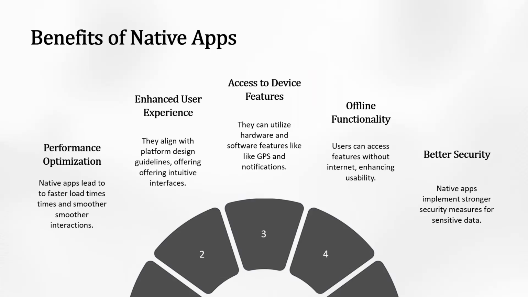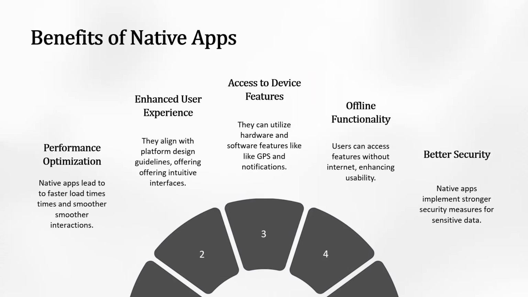Next one, access to device features. Native apps can directly utilize device functionalities like GPS, camera, Bluetooth, and push notifications. Then offline functionality.